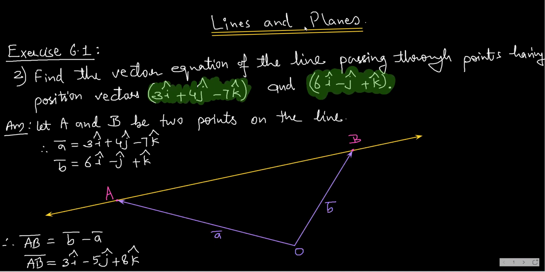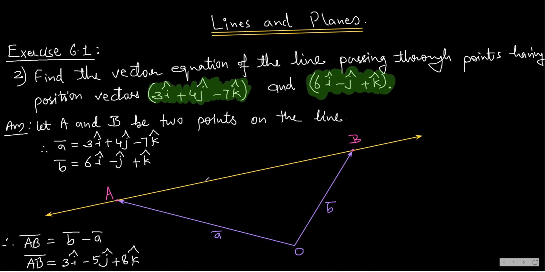What is the next step? The next step is that I take a variable point on the line, because that is what is going to give me the line. The variable point is the point which will construct the whole line for me.